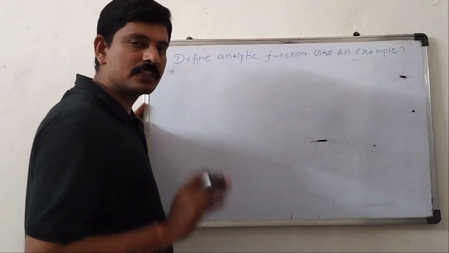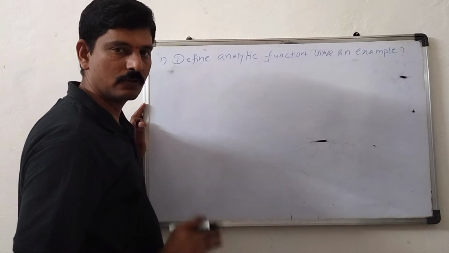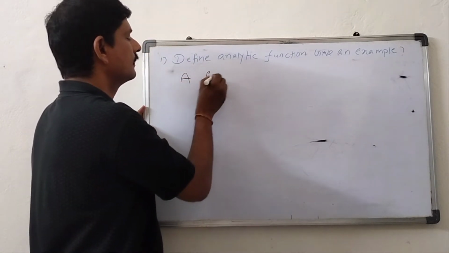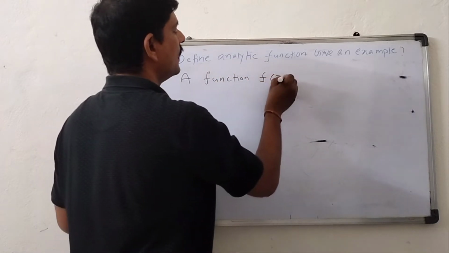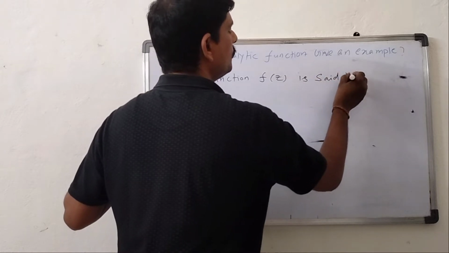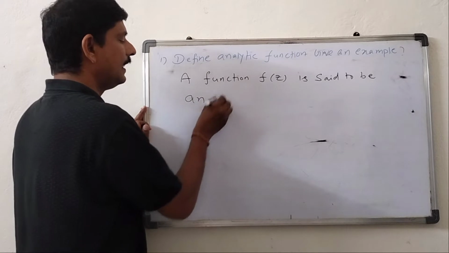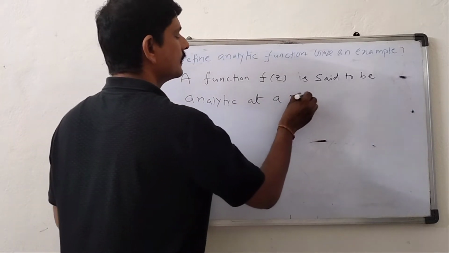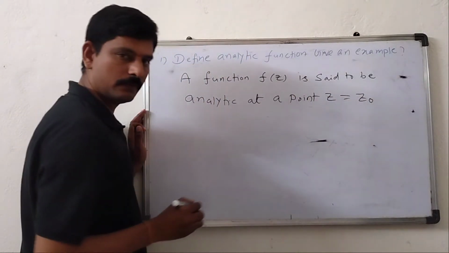Let's discuss the first question. Define analytic function, give an example. Okay, so see here, a function f of z is said to be analytic at a point z is equal to z0.